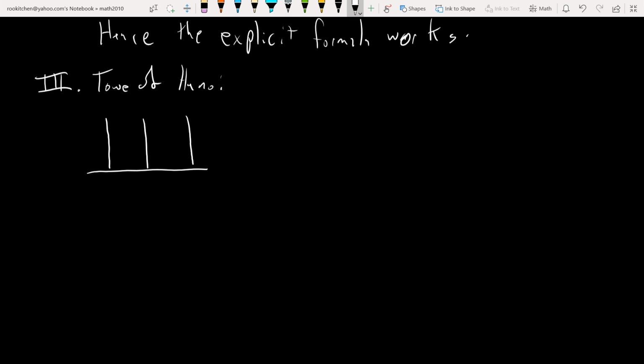So you have a piece of wood with some poles sticking out of it, and then on the poles there's little donuts attached to it. So I'll draw my donuts like this. Anyways, the objective is to move all the donuts on one pole to another pole where you have some restrictions, and the restriction is you can't put a big donut on top of a smaller donut.